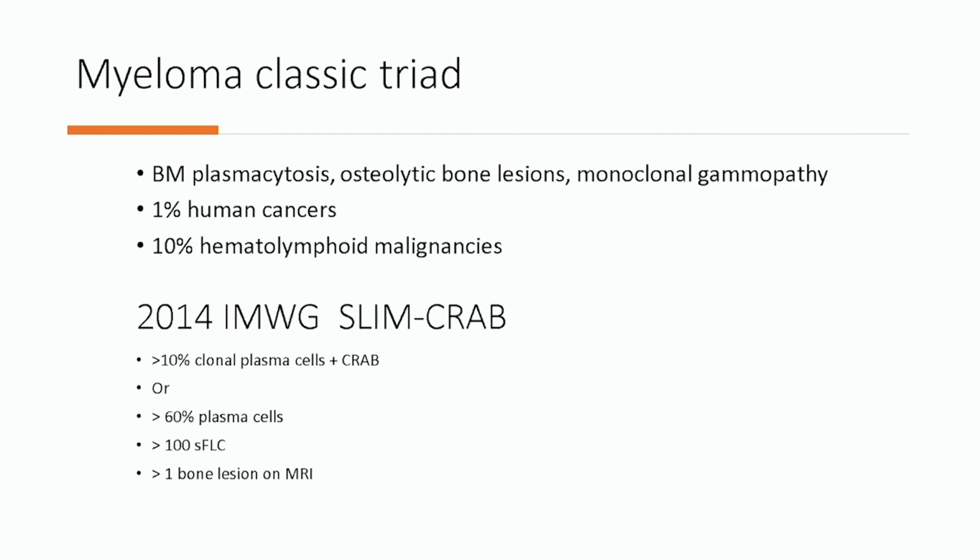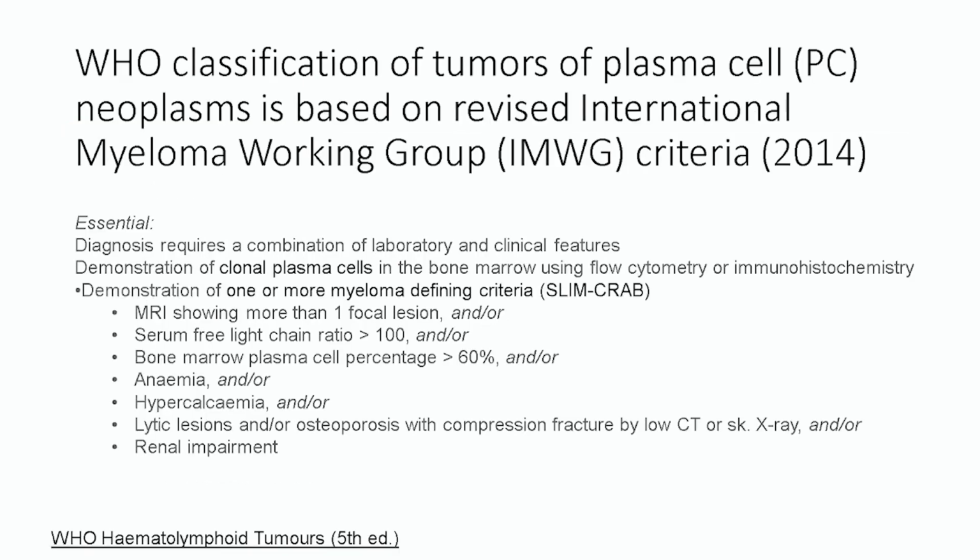But both the evidence of end organ damage and the biomarkers of malignancy combined together are called myeloma defining events. And what they did basically in 2014 to come up with this criteria is they actually looked back at a large group of asymptomatic patients to identify who is going into multiple myeloma earlier or faster.